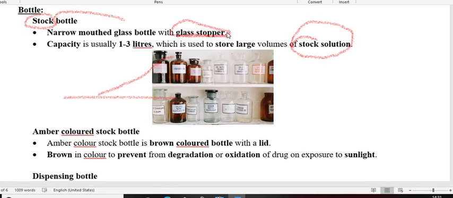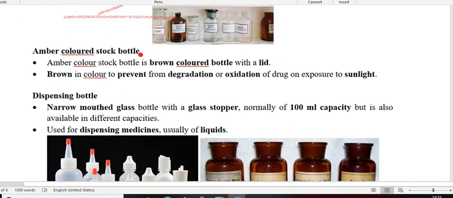Usually the stock solution container has a high volume, from 1 to 3 liter capacity. So this is all about the stock bottle.